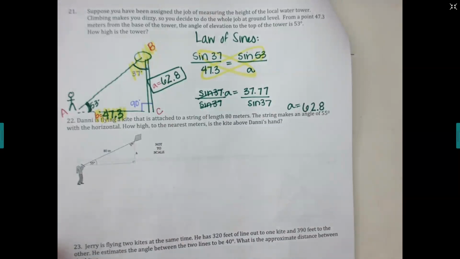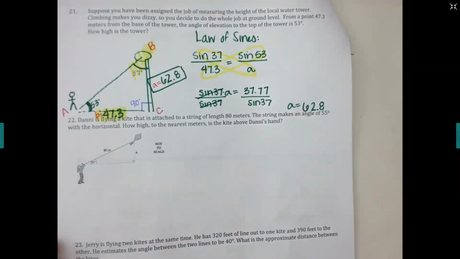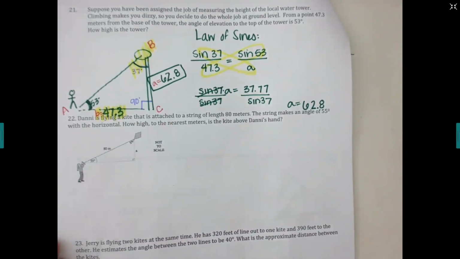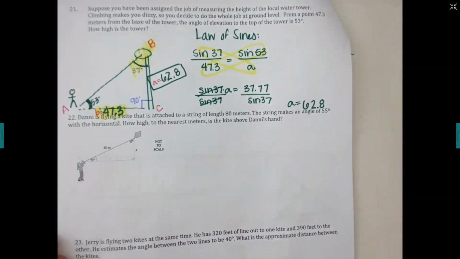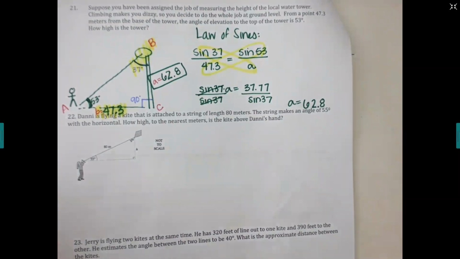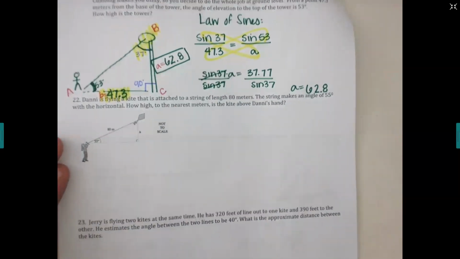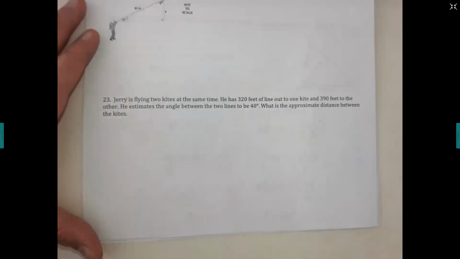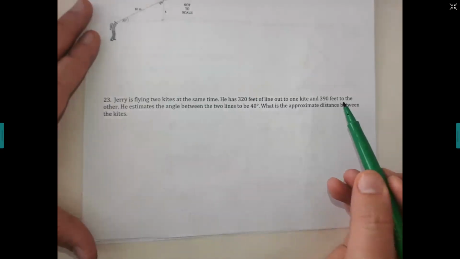There is only one more question that does not have a picture in this section. So I'm going to set up the graph for you for number 23, but I am not going to solve it for you. So go to number 23. It says Jerry is flying two kites at the same time. He has 320 feet of line out on one kite, 390 feet on the other.